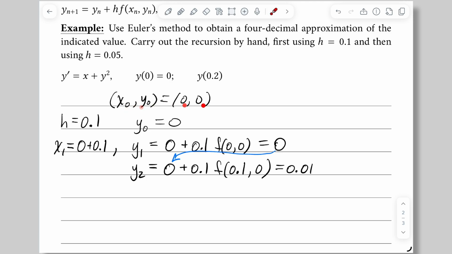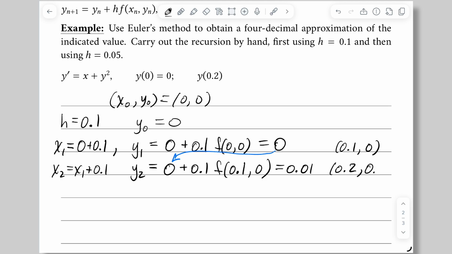x0, y0 is 0, 0. That was the initial condition point. No mystery there. x1, y1 is then going to be the point 0.1, comma 0. x2 is x1 plus 1/10, and so x2 is 0.2.